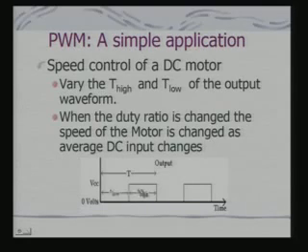So, when you want to change the speed, what do you need to change? If I want to keep my period unchanged and change the duty cycle, I have to change the corresponding bits. If I change my duty cycle, my speed can also change, because the average DC voltage would actually be more.